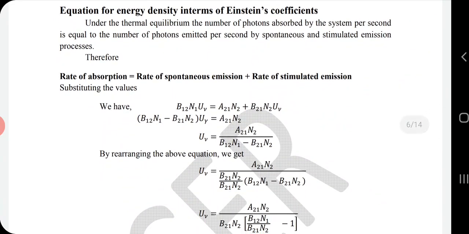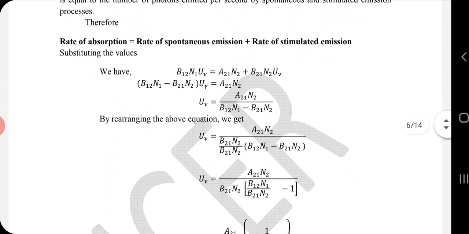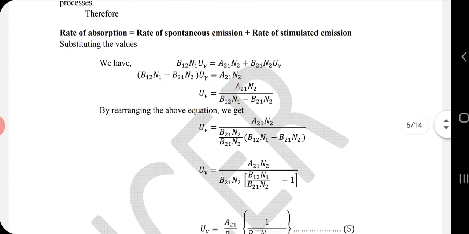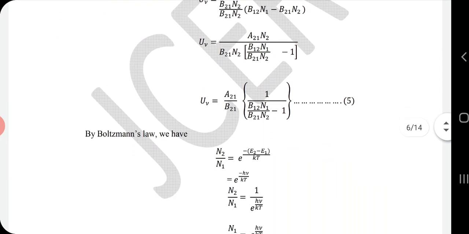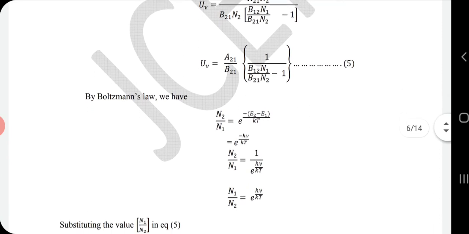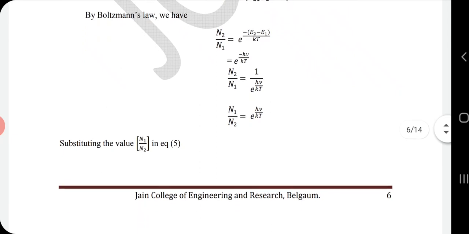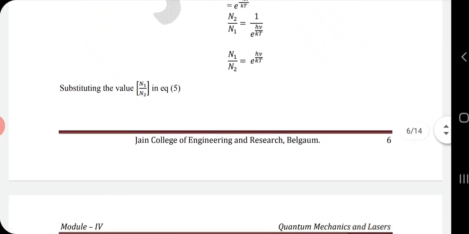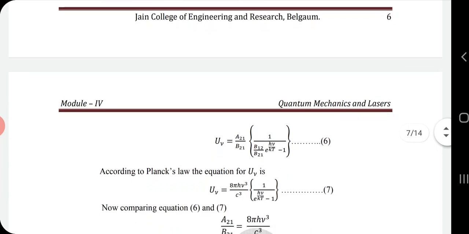So we need to substitute all the equations in this rate equation and then go on solving. Okay, this is all simple mathematics which we have to solve. We have to use the Boltzmann law here. So substitute that, and do some modifications in the equations to get the final equation.